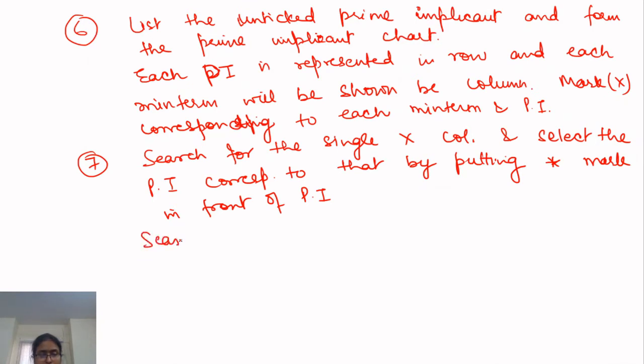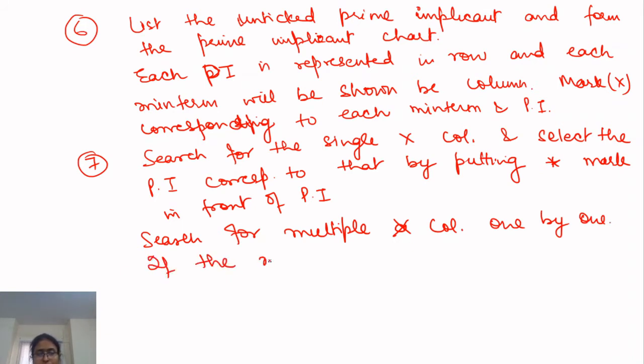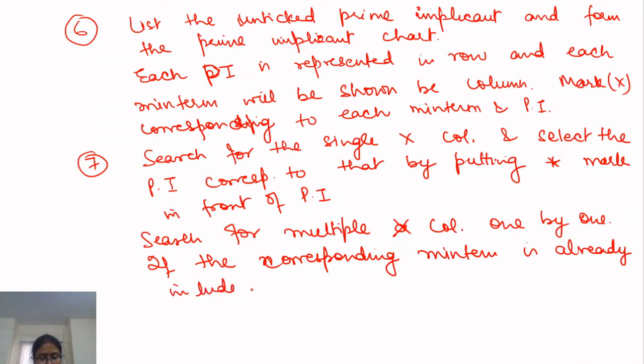Then search for multiple dot or multiple cross columns, one by one, and if the corresponding min term is already included in the final expression, then ignore that min term.